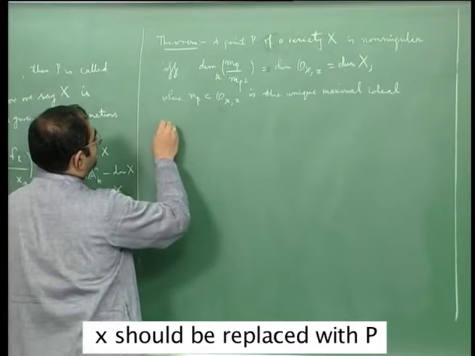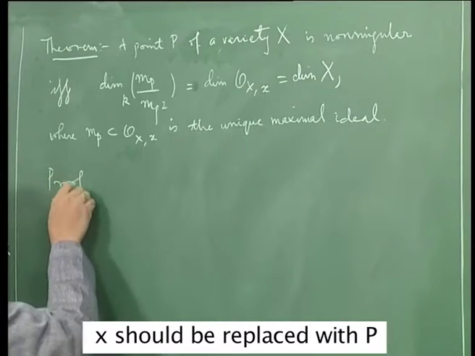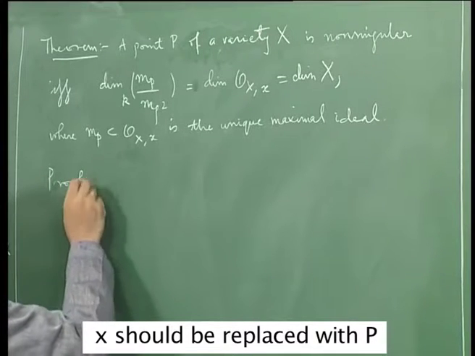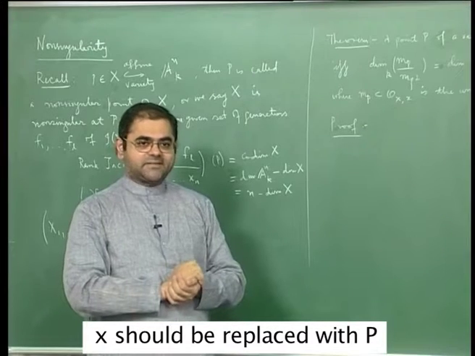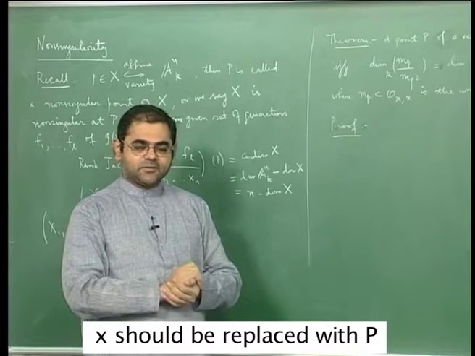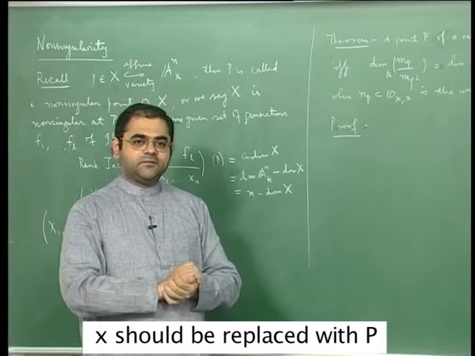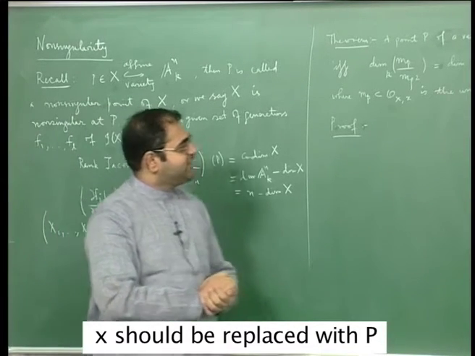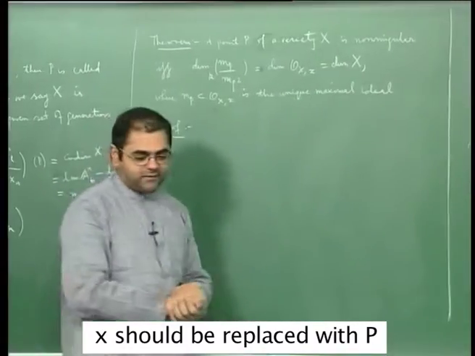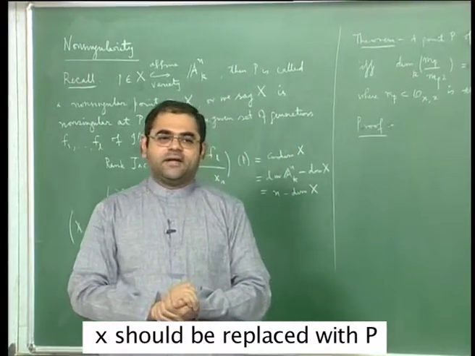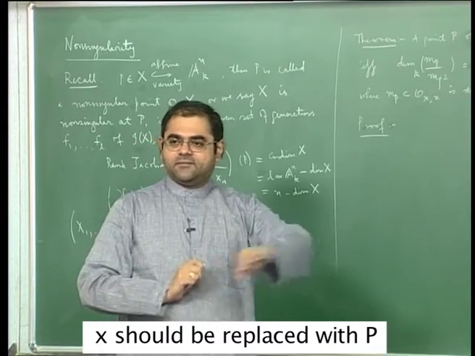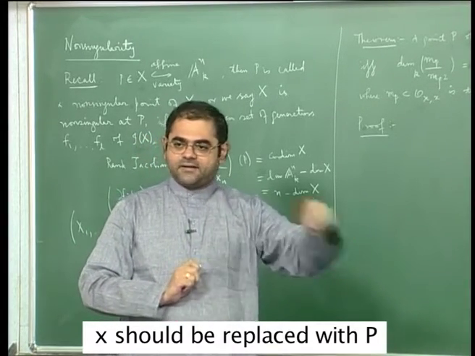So the proof is interestingly linear algebra, but actually it has got to do with geometry, because if you look at it geometrically, what you are trying to do is calculate the tangent space for the variety at that point.